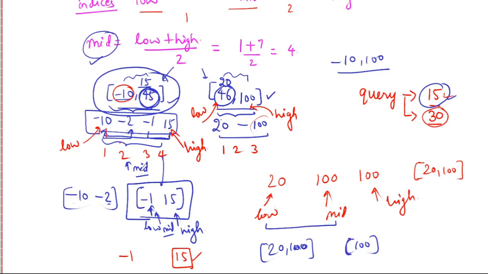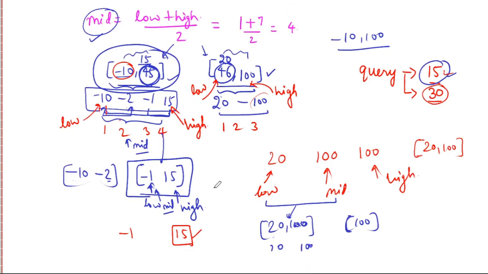Because in all the stages mid was included in the low part itself, hence uniformity has to be maintained here. And again this will be divided, so this will be divided as 20 followed by 100. Now these are the lowest elements, and since 30 is not present, this algorithm will report that 30 is not found.